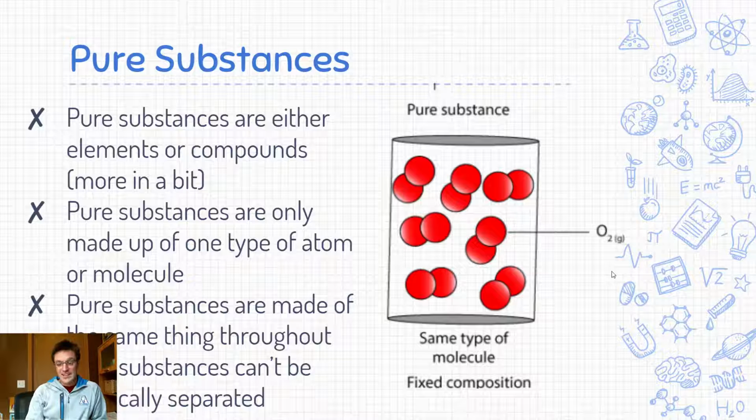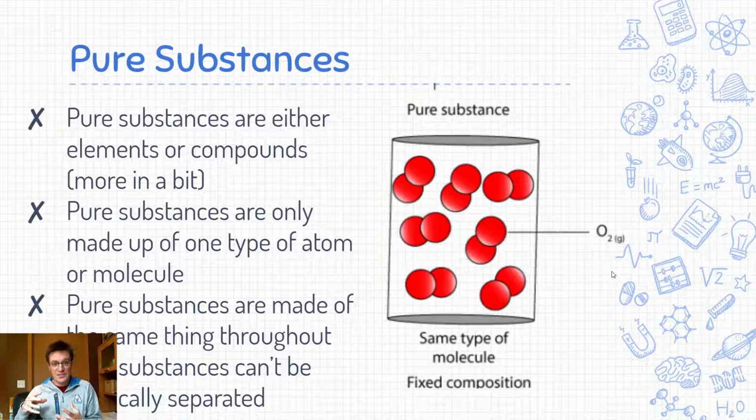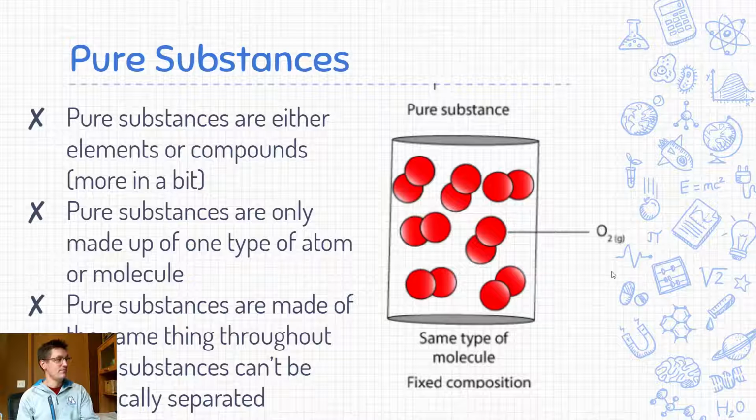If you've got a canister that you bought that's full of oxygen gas, that's a pure substance in there. There's only oxygen in that canister. It can be either an element or a compound. The picture here I have is a pure element. It's only oxygen. Pure substances are just that one element or that one compound, and it's the same throughout.